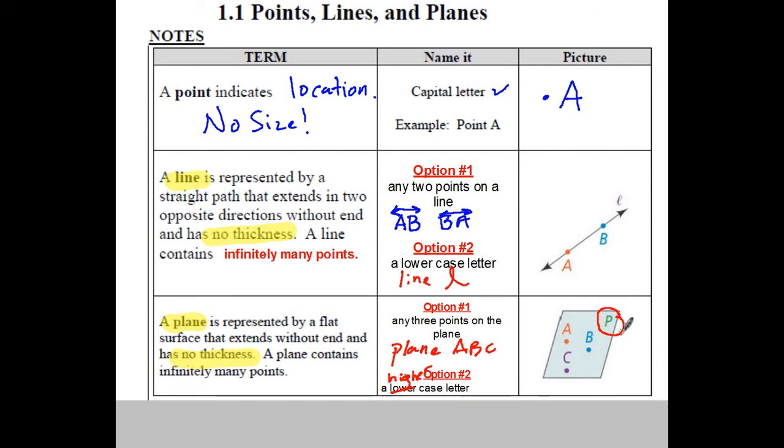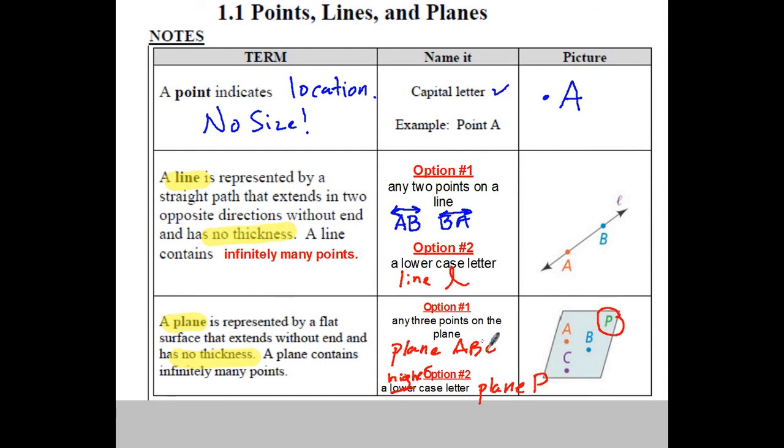But all it needs to be is capitalized. So my mistake here, it is a capital letter, so we're going to go ahead and use plane and then the capital P. So plane P is the second option of doing this.